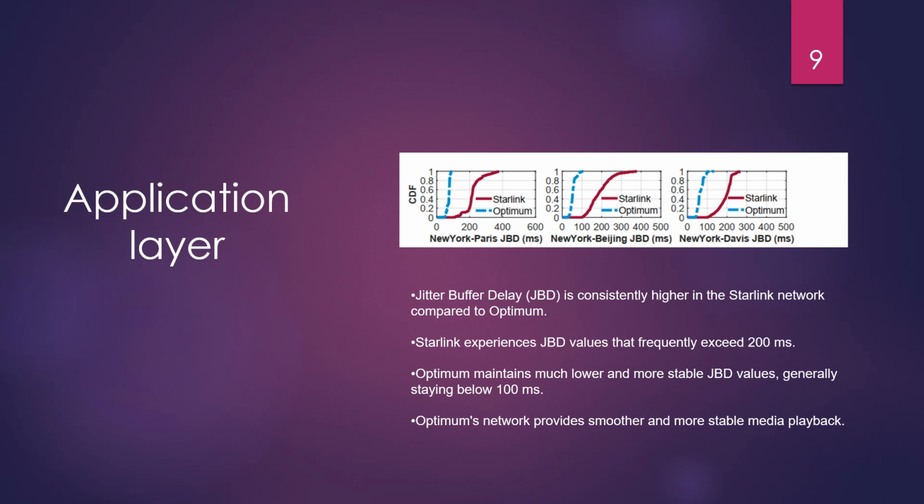This instability forces the receiver to expand its jitter buffer, introducing noticeable delay in media playback. In contrast, Optimum maintains a stable jitter buffer delay value below 100 milliseconds, ensuring smoother performance. This increased buffering on Starlink contributes to latency issues, which SatGuard aims to address.